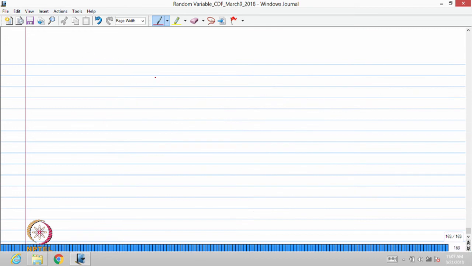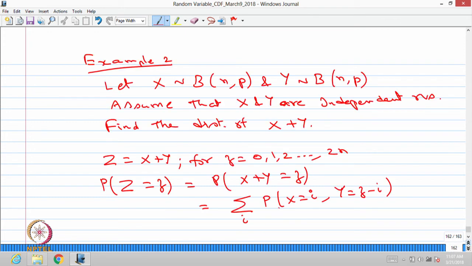Now, I am going to use the independence concept. That means the probability that x takes a value i and y takes a value z minus i is the same as, since these two random variables are independent, the probability that x takes a value i multiplied by the probability that y takes a value z minus i. That is why I made the assumption that these two random variables are independent, otherwise I cannot proceed further.